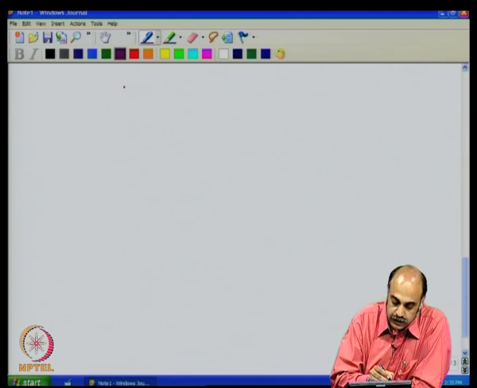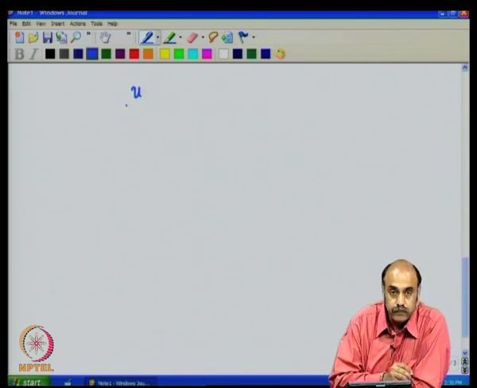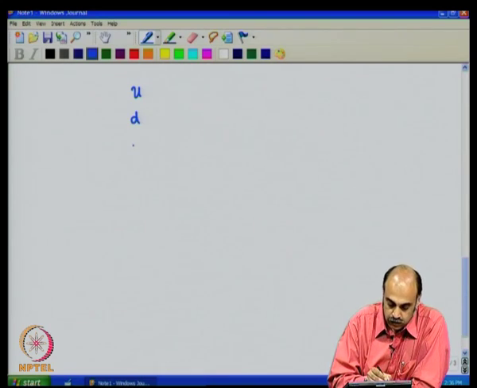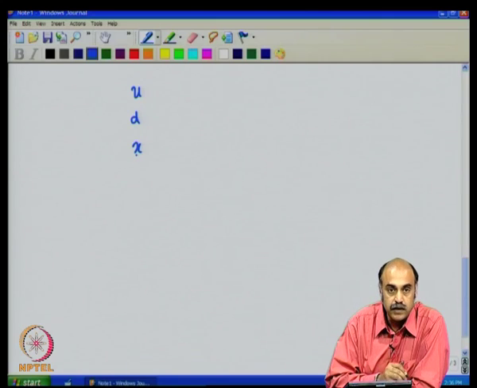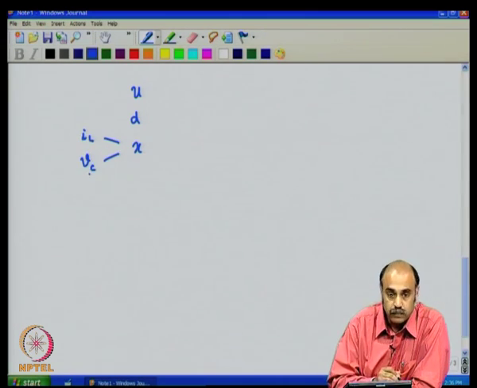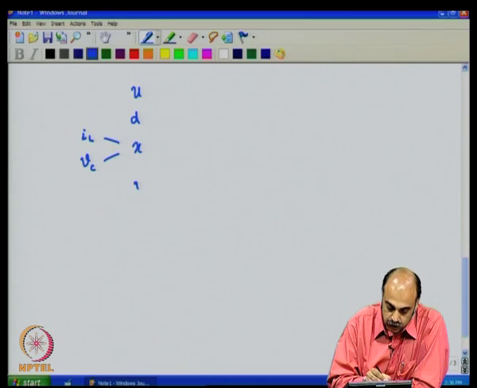So, if you consider the variables like u, d, the state variables, in our case 2 in number, you have IL and Vc, and the output variable.